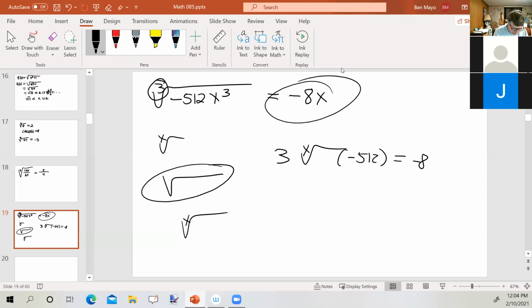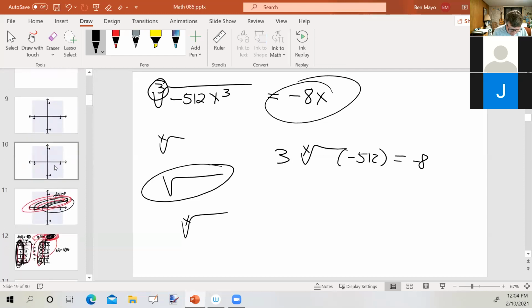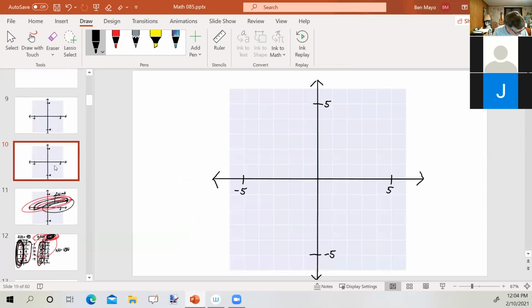Let's do another graph. Let's go back to this, and let's complete the following table. We've got f of x equals the cube root of x minus 3.